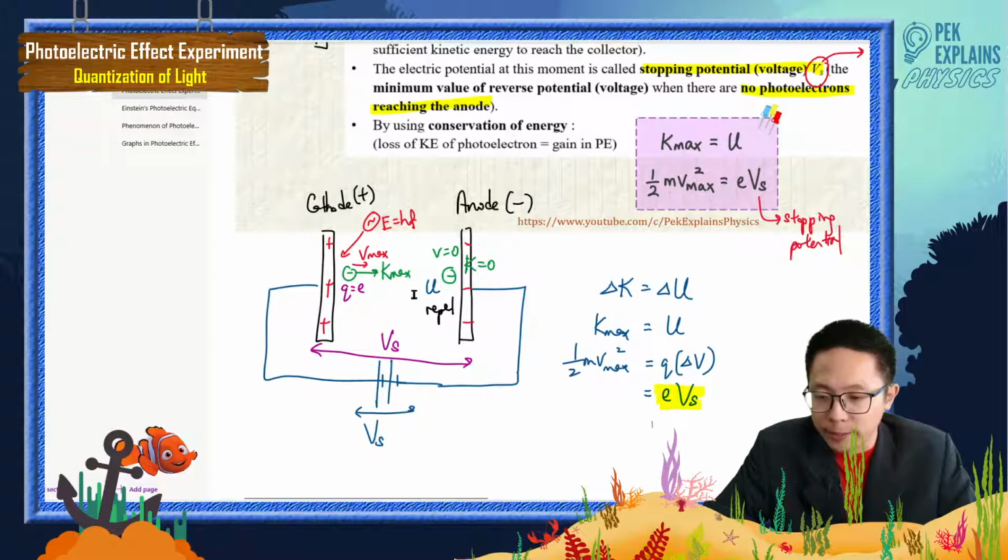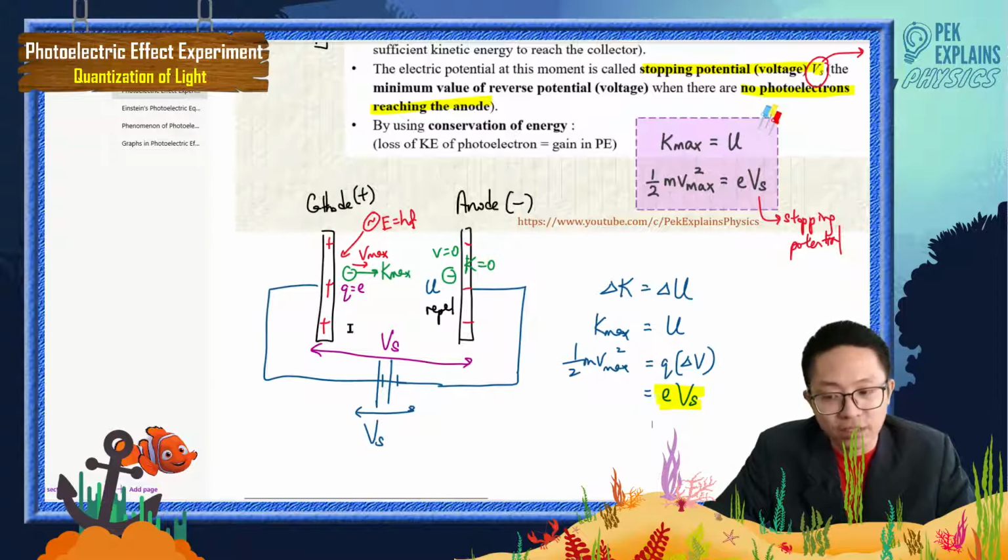Here it has maximum kinetic energy. This kinetic energy changes to potential energy when it is being repelled by the anode. When going nearer and nearer to the anode, the kinetic energy changes to potential energy. How much potential energy does it change into?